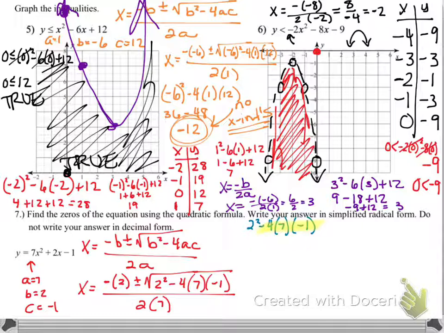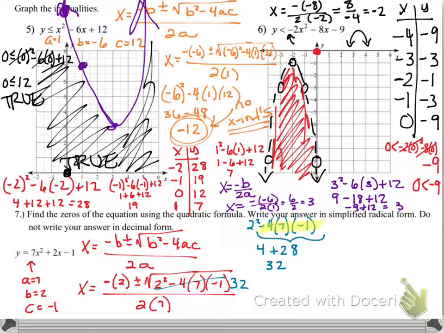So -4 times a +7 times a -1, that's going to be a +28. And now bring down my b squared. I got my 4. So that means when I add these together, it's 32. That's my discriminant. So all of this can be simplified down to just 32.